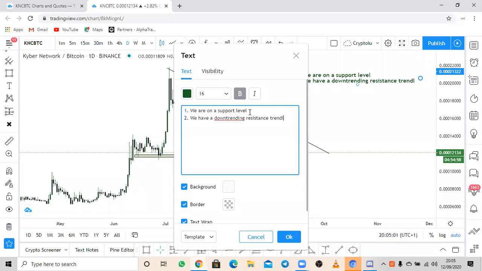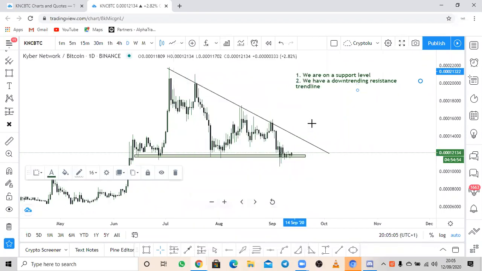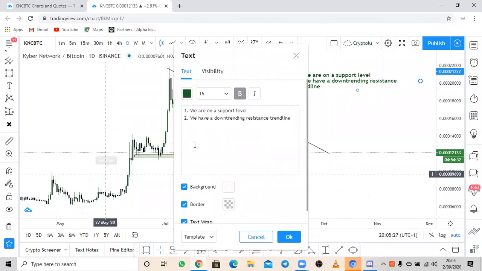On the daily chart, from this context, we know that this is a descending triangle. A support level and a downtrending resistance trend line give us a descending triangle pattern. So that is another confluence reason here.